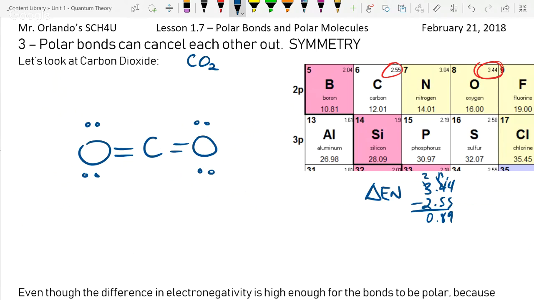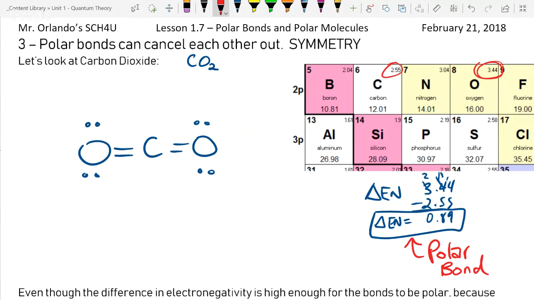So 0.89. Assuming I can still do arithmetic. That work? So is that bond polar? Okay, so that's a polar bond. Okay, so let's go draw those in.